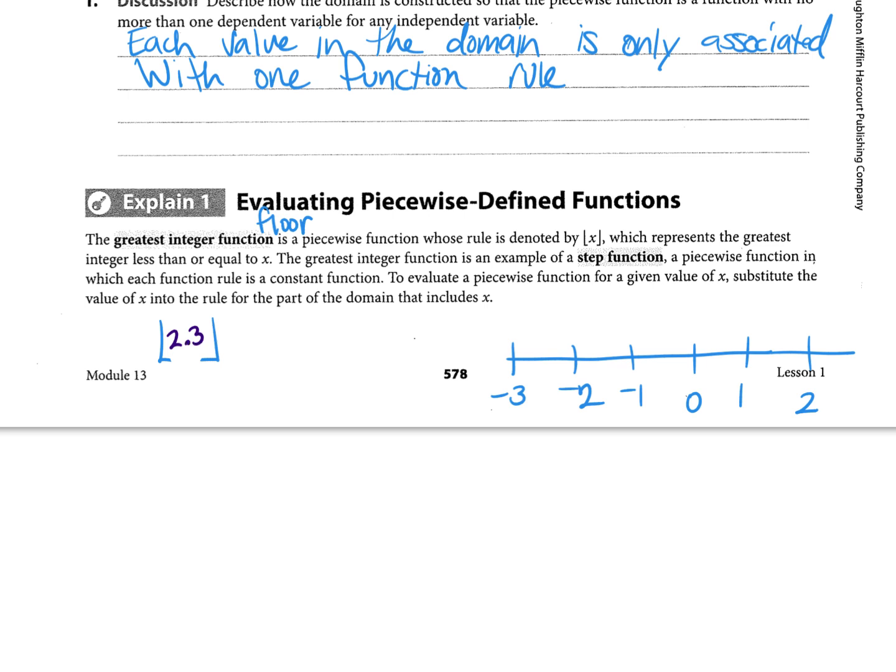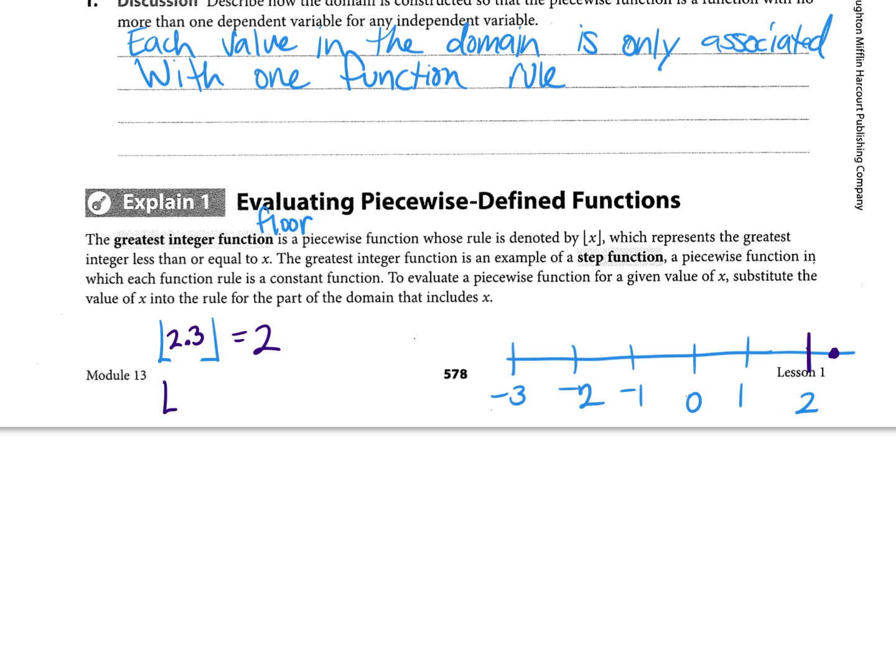If I put 2.3 on the graph, the greatest integer function is going to give us the value less than or equal to x. So the closest integer that is below x, which in this case would be 2.